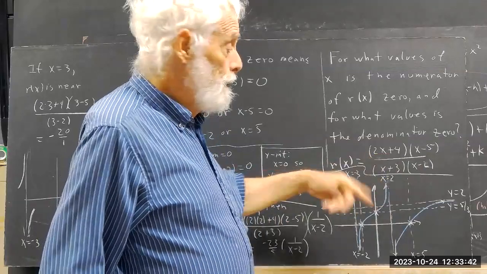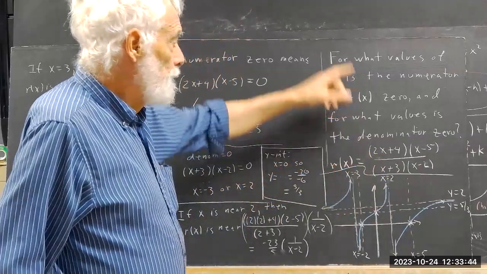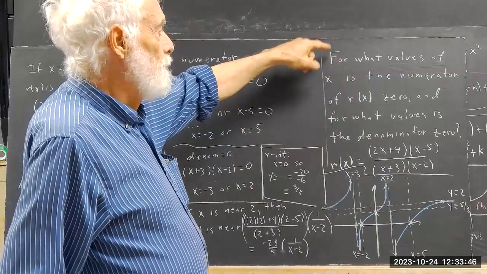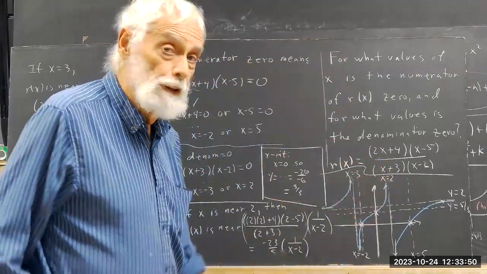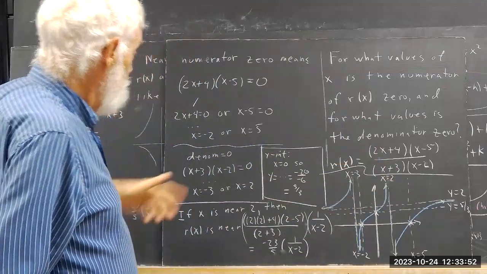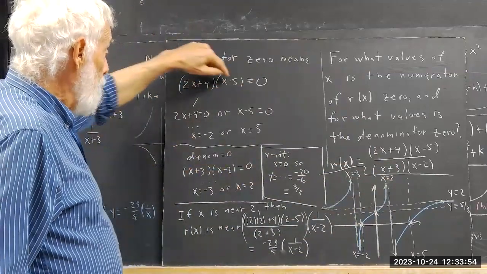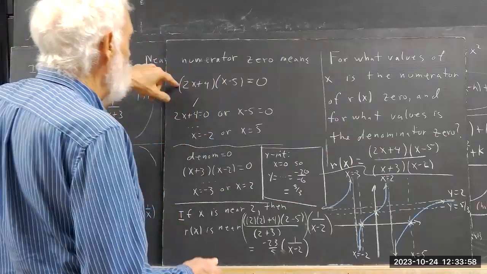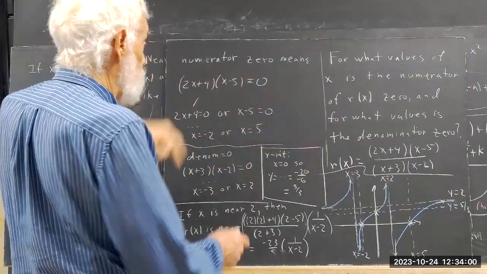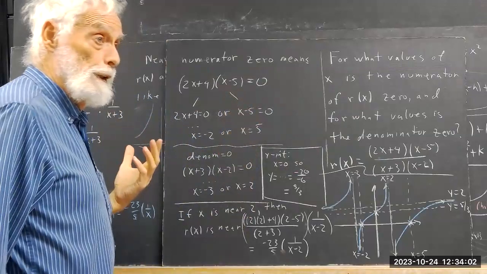Okay. Well, what we do is, the question I started with, for what values is the numerator 0? For what values is the denominator 0? Well, numerator 0, you write out the fact that the numerator equals 0. You write the numerator and set it equal to 0, and you solve that equation.